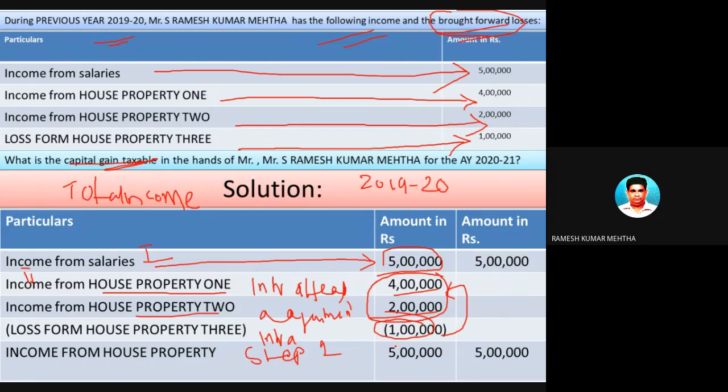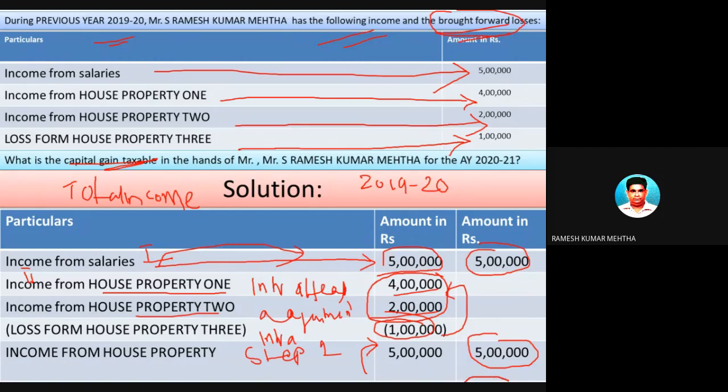So against this 6 lakh rupees, 1 lakh rupees is set off. So total income from the house property is 5 lakh rupees. And income from salary was 5 lakh rupees. So 5 lakh rupees is the income from salary, and 5 lakh rupees is the income from house property.